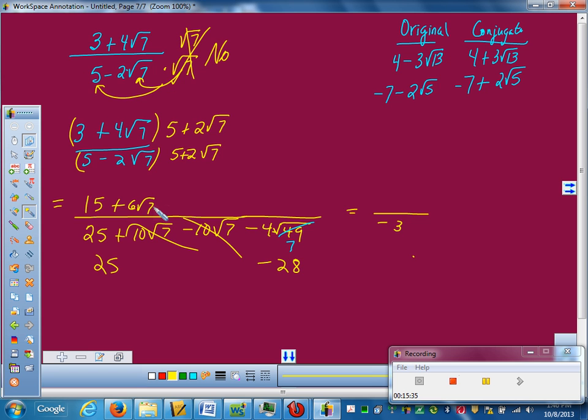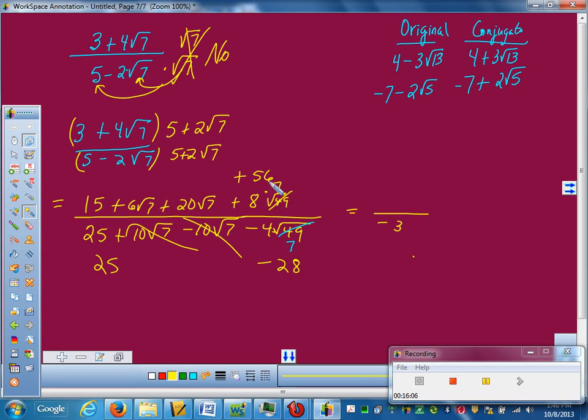Insides, 5 times 4 is 20 square root of 7. And last, 8. Yeah. And it would be plus. Technically, it's 8 times square root of 49, but that's going to be 7. And 8 times 7 is actually 56. So this part up here is really just plus 56.